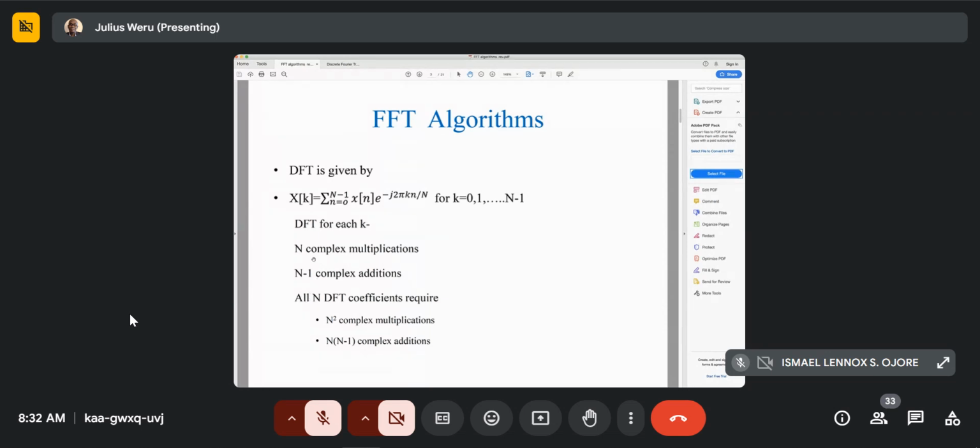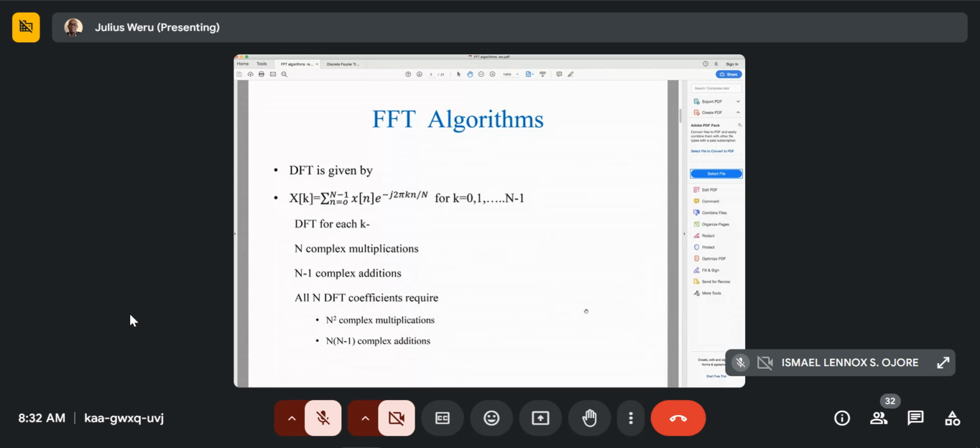So you have N complex multiplications, and you have to do that N times. With that, you find that you have N squared complex multiplications and N times (N minus 1) complex additions.